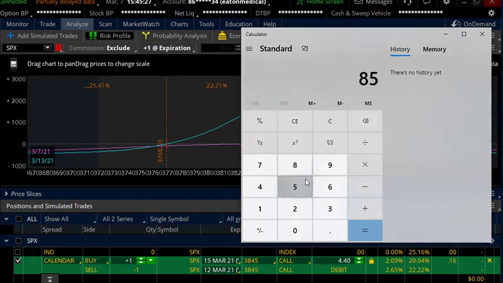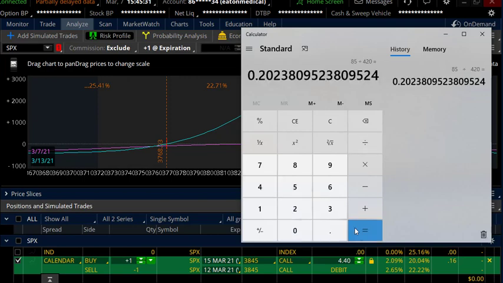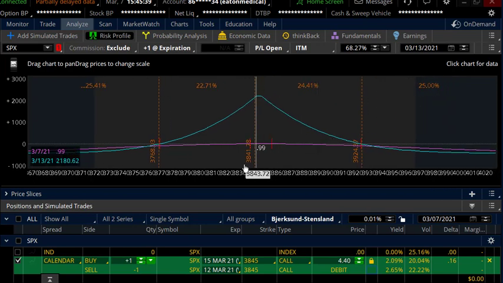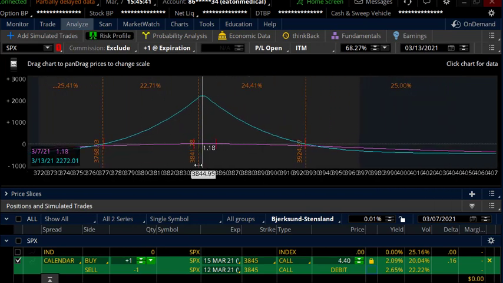So let's say 85 divided by 420. Your max loss at break even is 20%, and that's if you put it on that day. They don't like to go more than 15 though. I noticed that it's always 10 to 15% up or down. So you would exit on more like a $75 loss.